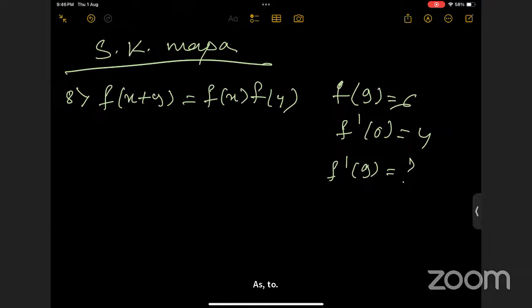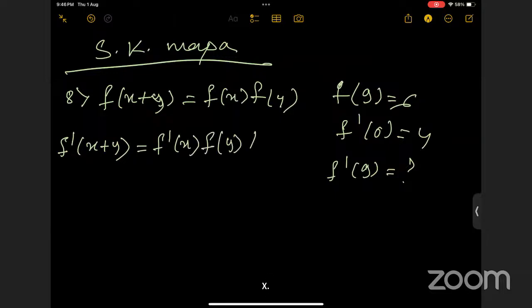Okay. So what is f dash of x plus y? This is f dash x into f dash y, f y plus f x. Sorry, this is a two variable function.